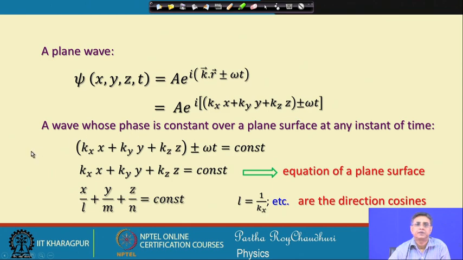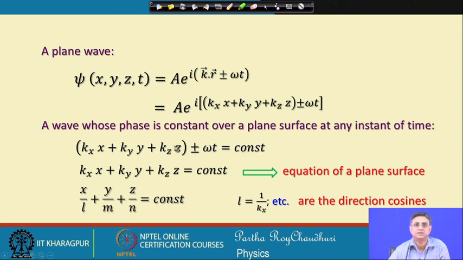Now, if you look at the definition of a plane wave, a wave whose phase is constant over a plane surface at any instant of time is a plane wave. So, I have this phase which is this quantity, and now that has to be constant.